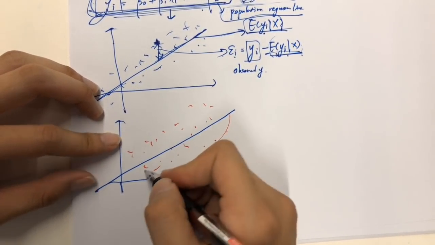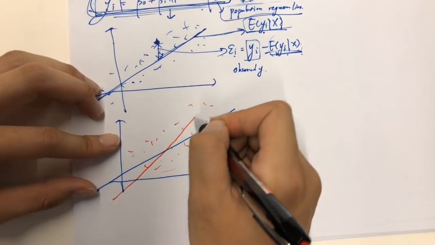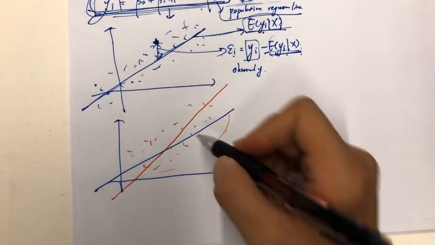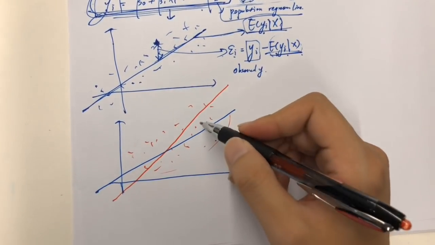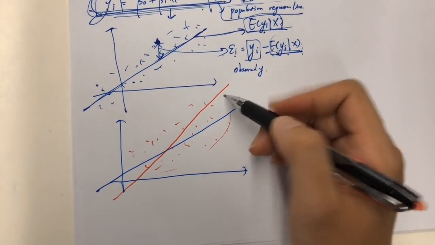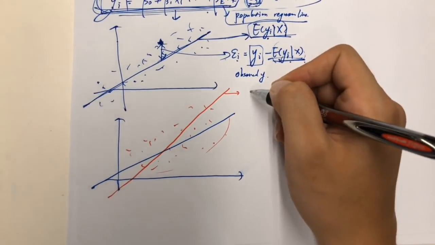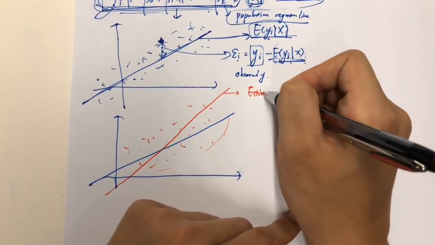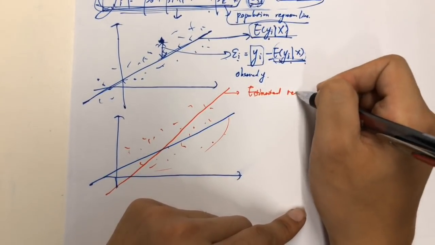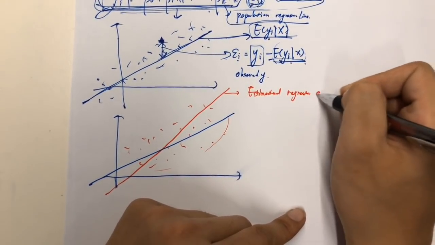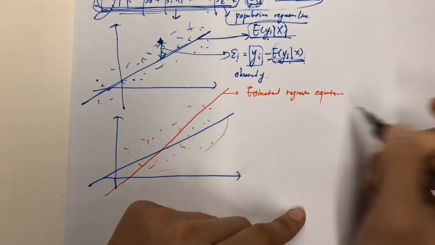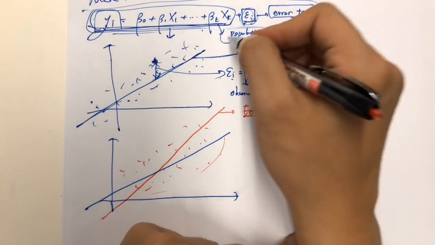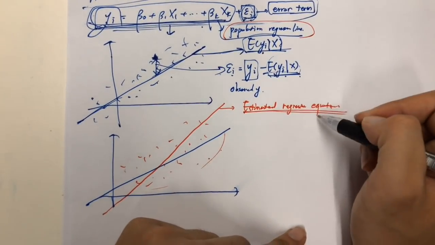So our line can be different from the population line, pretty much like the sample mean differs from the population mean. The sample line is called the sample regression line or the estimated regression equation, which is an estimation of the population regression line.